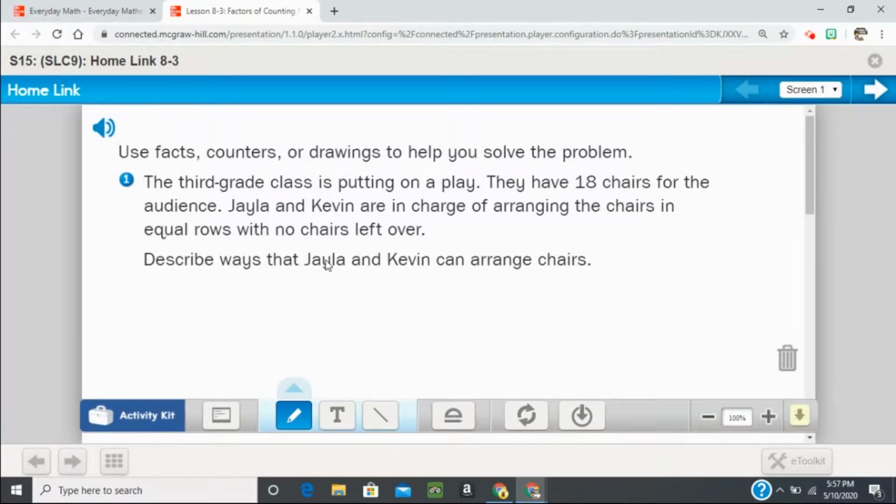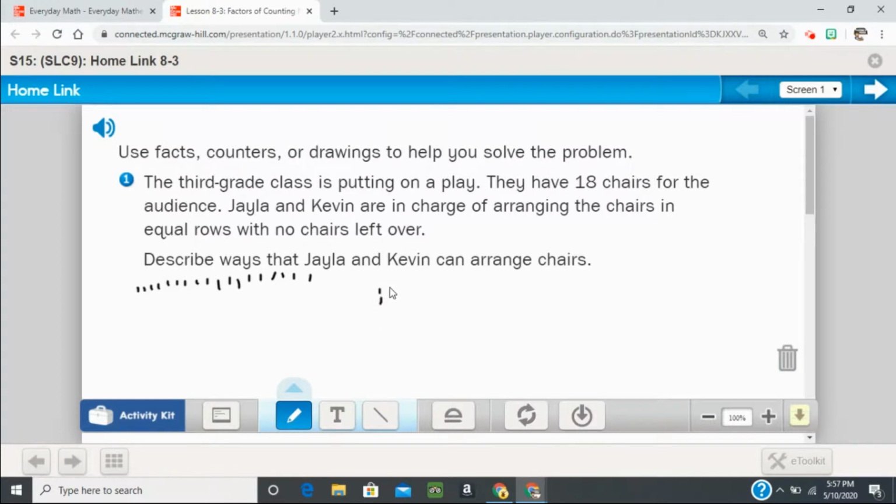So we have 18 chairs total that they're putting in equal rows. Obviously, they could do 1 row of 18. Or we could have, because 18 is an even number, 2 rows.